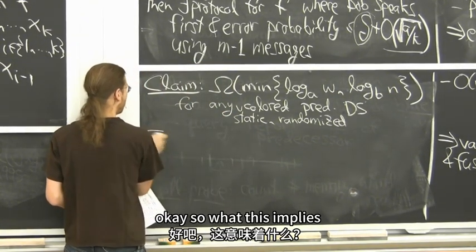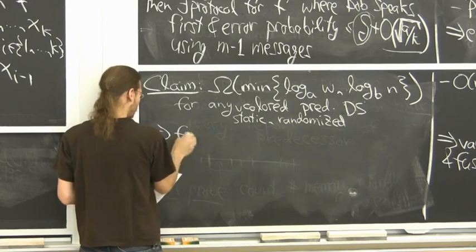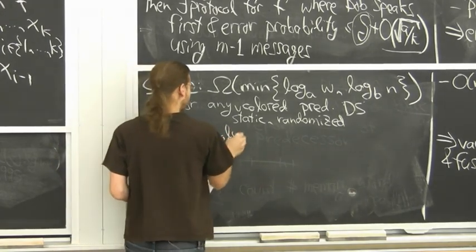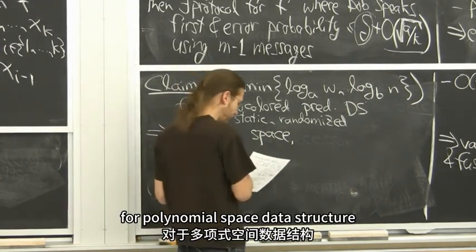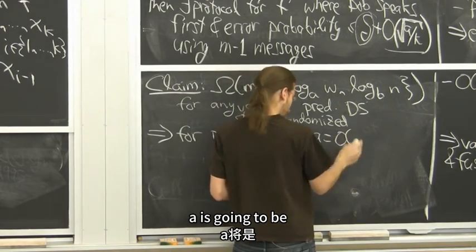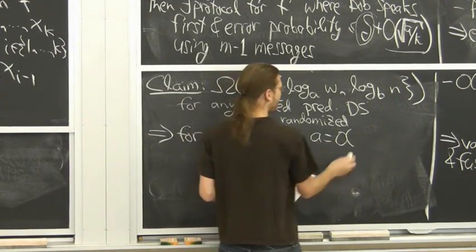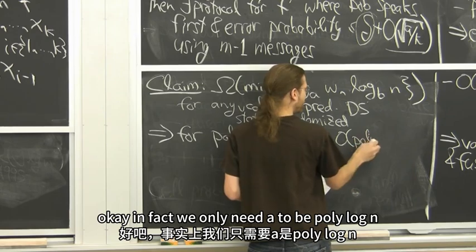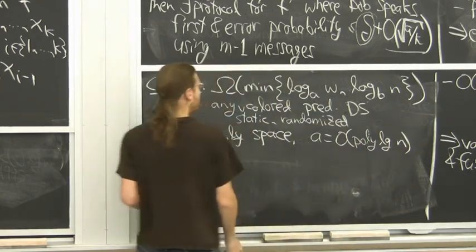Okay, so what this implies for polynomial space, which is the case we care about: for a polynomial space data structure, A is going to be order log n. In fact, we only need A to be polylog n for what I'm about to say to be true.